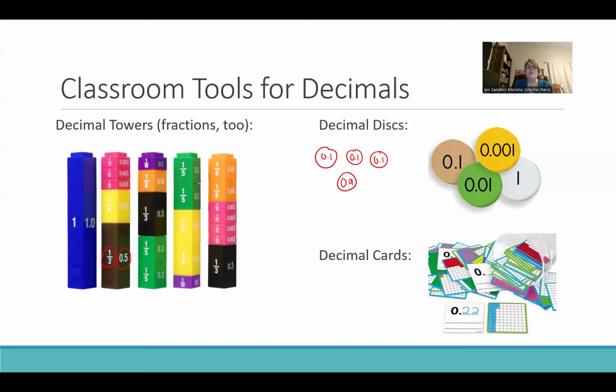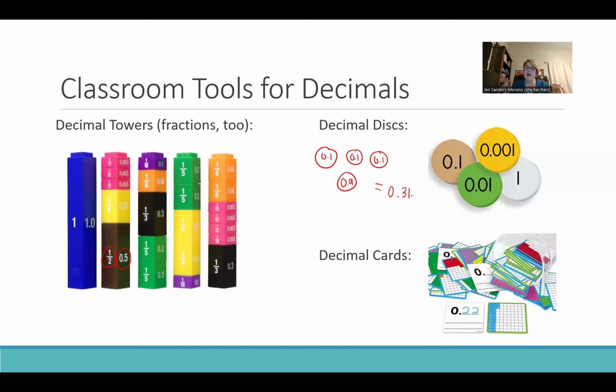They would know that we have 3 tenths and 100. So this would be the same thing as, oh sorry, 31 hundredths or 3 tenths and 1 hundredth. There's a lot of different things you can do with decimal discs. I'm just showing one super fast version of it, but definitely hands-on. You can have students playing with that.